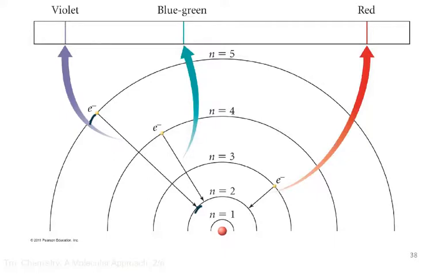From n equals 4 down to n equals 2 corresponds to a wavelength in the blue-green range. 3 to 2 corresponds to one in the red range. So Bohr's model gives us an explanation of the spectra that we see, but it's still not robust enough to explain all of the different pieces of data that scientists would collect.